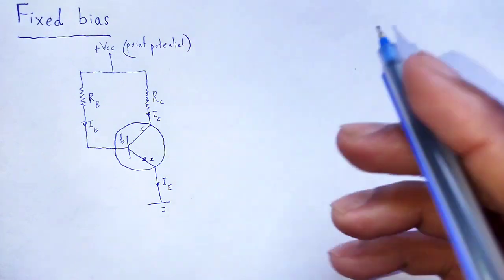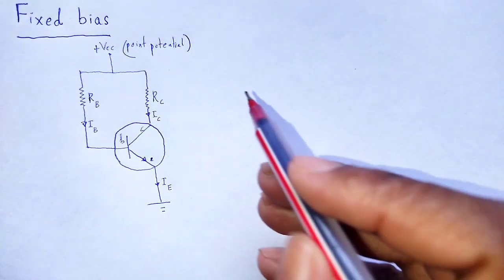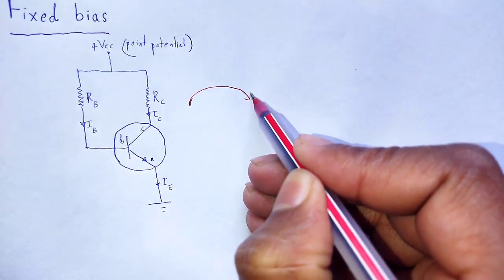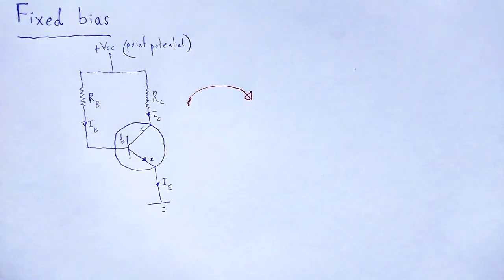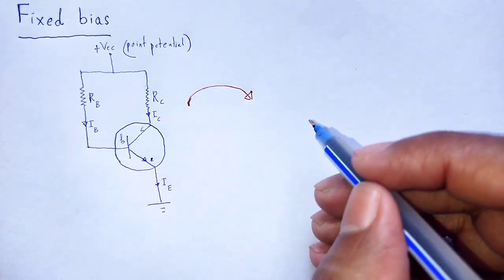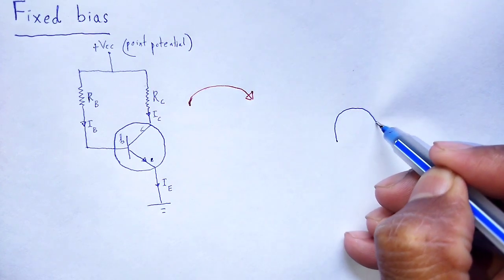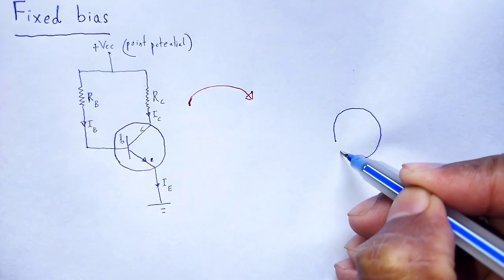Now, we can change that configuration to a simplified one. This is an NPN transistor.